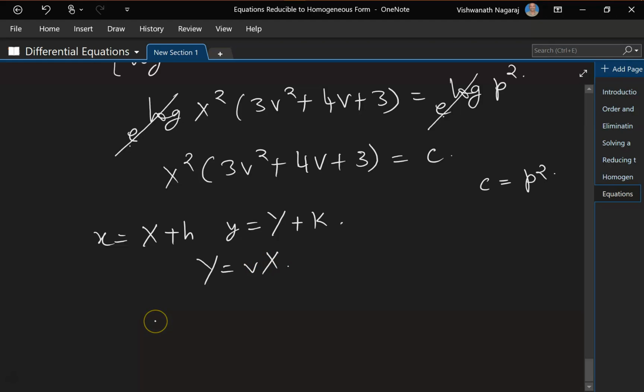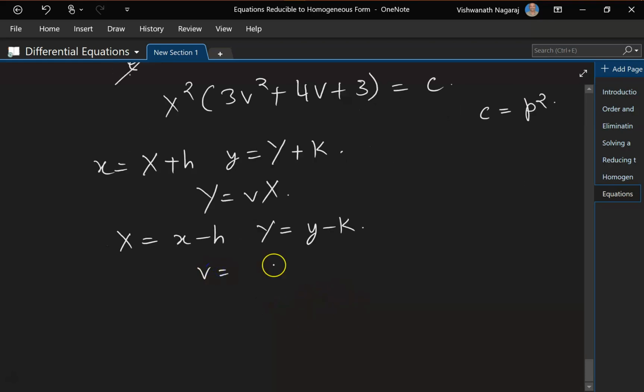So let's do the necessary substitutions. Capital X becomes x minus h, capital Y becomes y minus k, v becomes y by x. Okay, now let's do the substitutions.